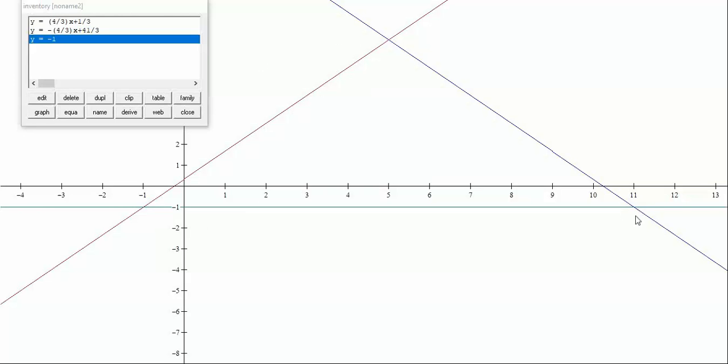And they say classify it according to the sides. Now this side's almost exactly 12 units long, isn't it? Looks like an isosceles triangle to me, but I think we have to do a little bit of algebra and make sure.